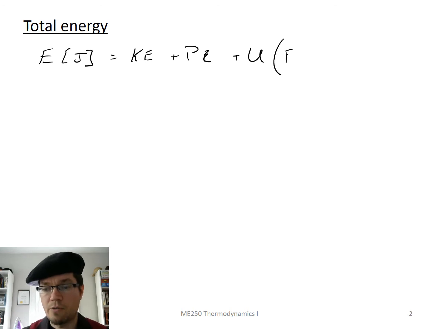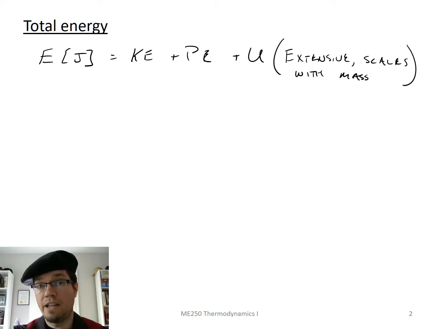As a reminder, we called all of these extensive properties because they scale with the mass of the system. If you have 1 kilogram moving at some speed or at some elevation or at some temperature, and you have 2 kilograms at the same speed, the same temperature, the same elevation, the 1 kilogram has some amount of energy, the 2 kilograms has twice that amount if all other things are equal.